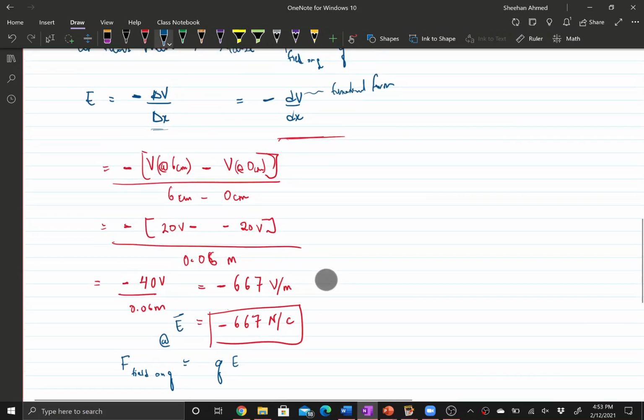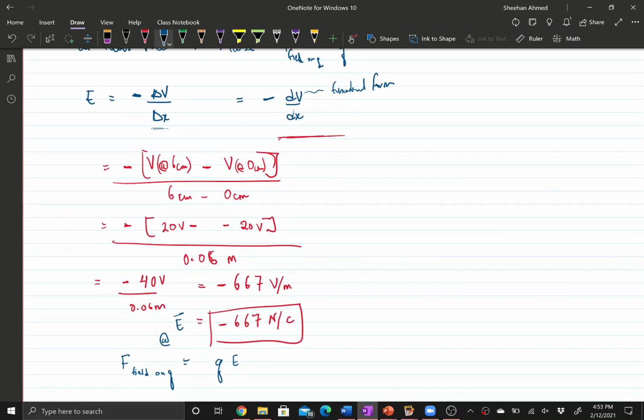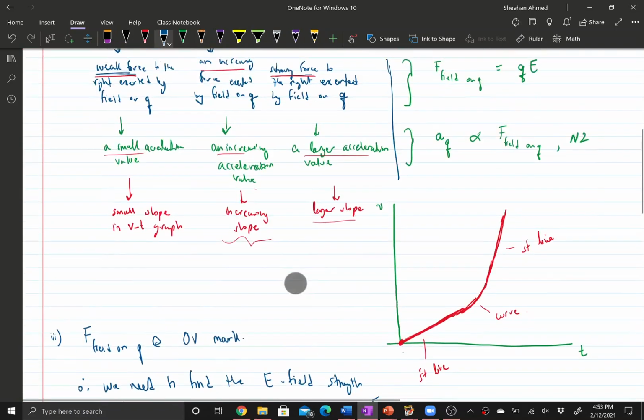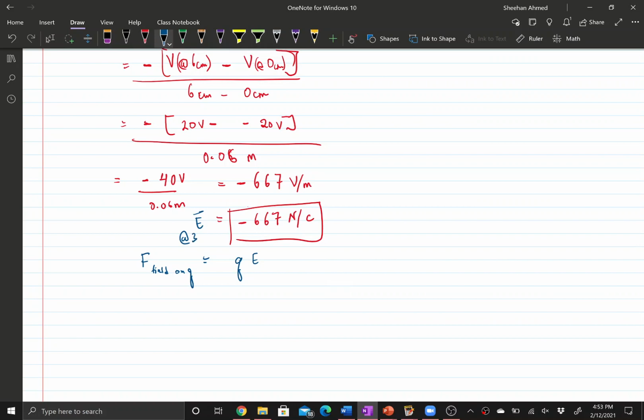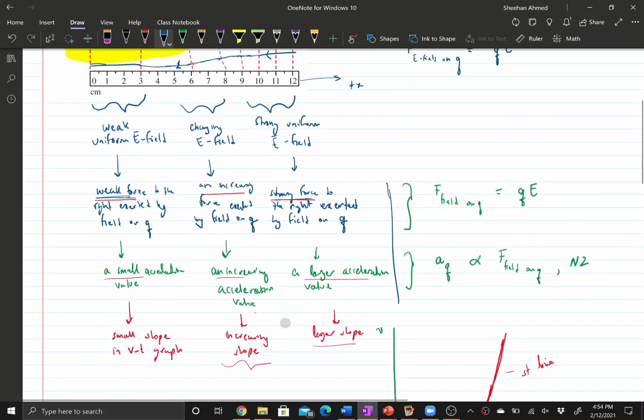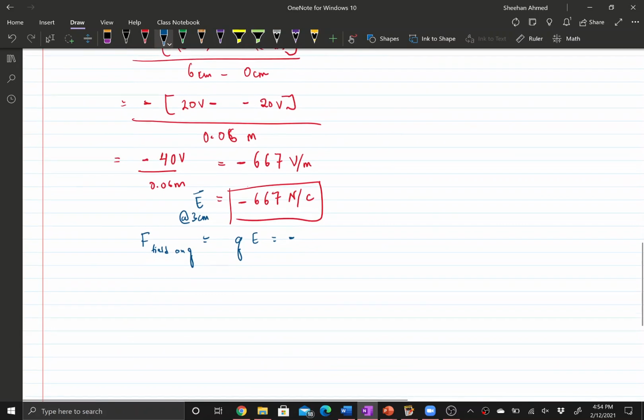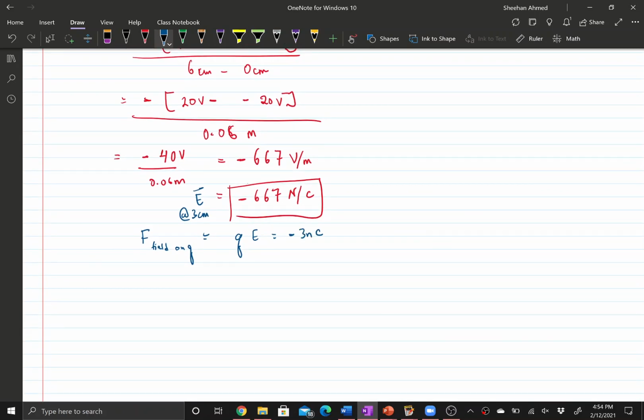Where did we find this? This was between our 0 centimeter mark and our 6 centimeter mark, so it's at our 3 centimeter mark. The force that the field exerts on Q is given by minus 3 nanocoulombs times minus 667 newtons per coulomb.